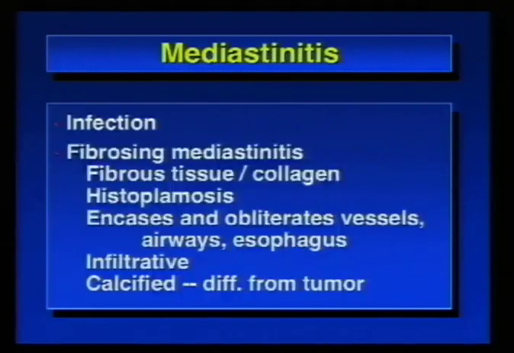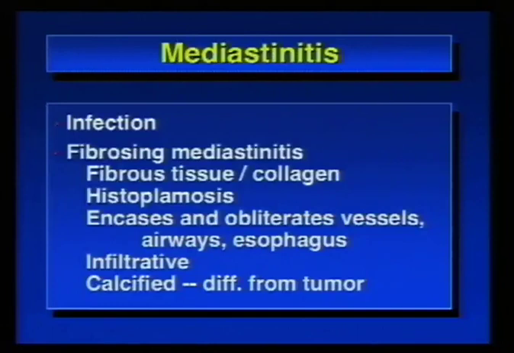Next, mediastinitis. Infection is the most common cause of mediastinitis, but you should also know about fibrosing mediastinitis. Essentially, patients get fibrosis and collagen, fibrous tissue and collagen. Most commonly, this is due to histoplasmosis. In fibrosing mediastinitis, there's encasement and obliteration of the vessels, airways, and esophagus.